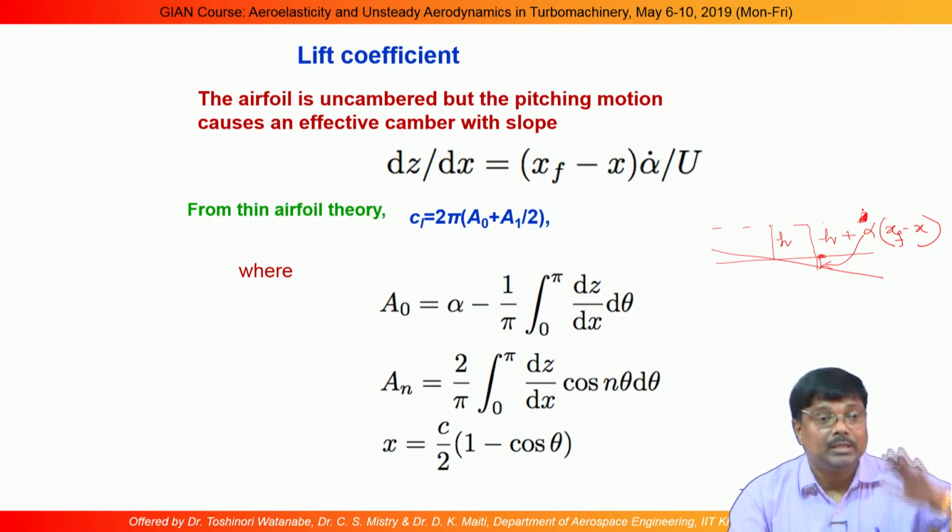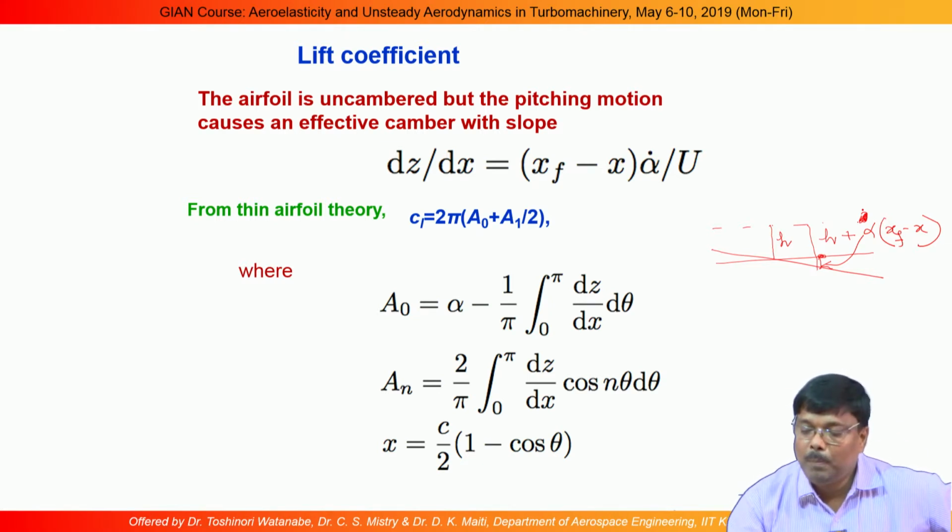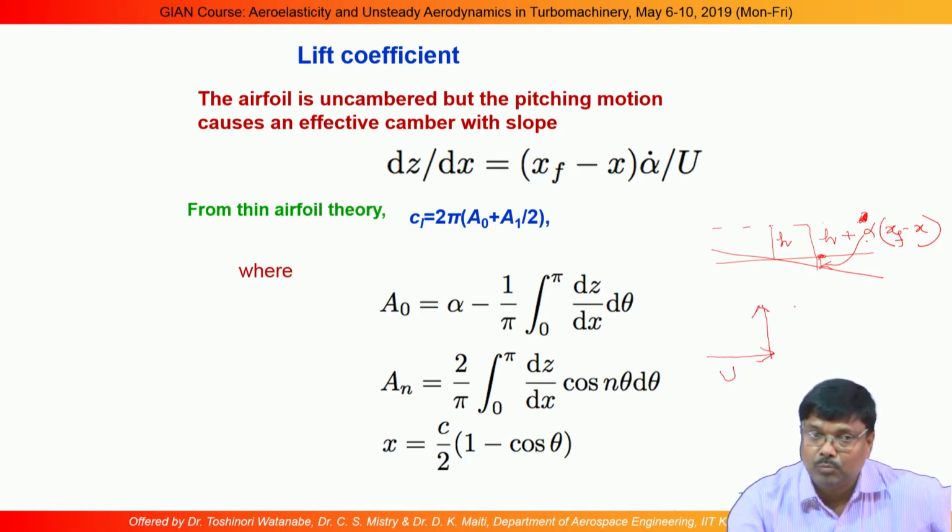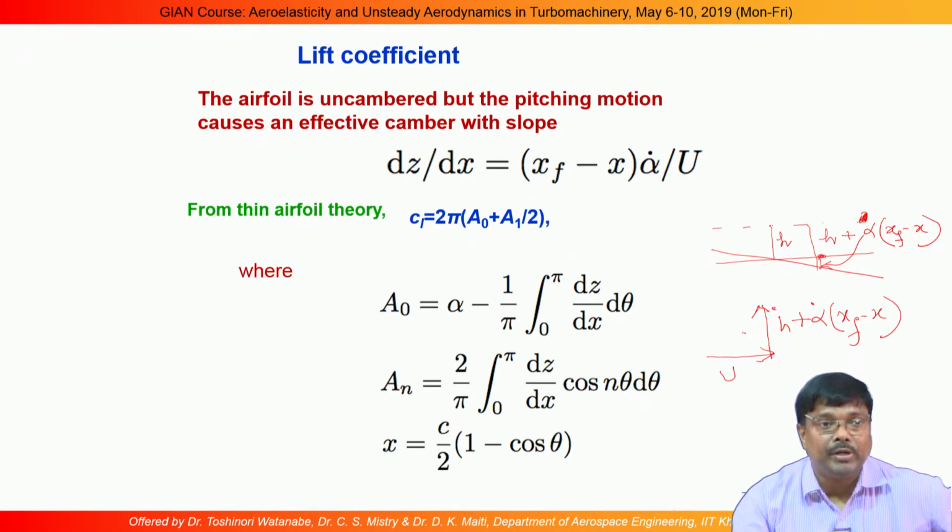This is the displacement at that point. So, if I have velocity in this direction u, and velocity in this direction due to this motion, that will be h dot plus alpha dot into xf minus x at the quarter chord point.